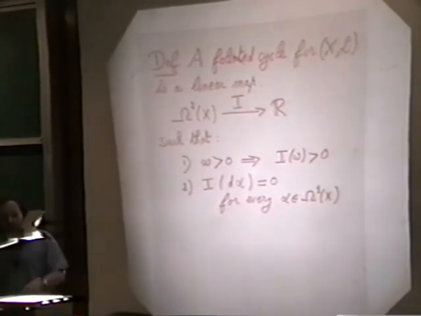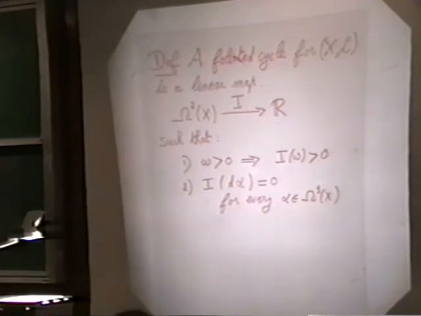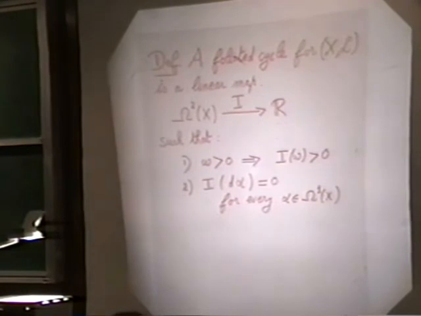First of all, the integral of a positive form should be positive. What's a positive form? Well, each surface is oriented, so it makes sense to speak of a positive two-form on a Riemann surface lamination. Of course, the minimum that we can require is that the integral of a positive form should be positive.